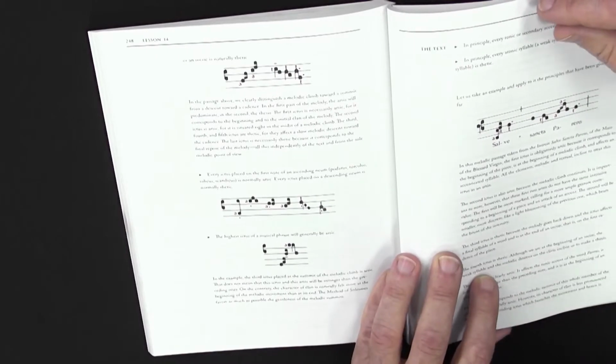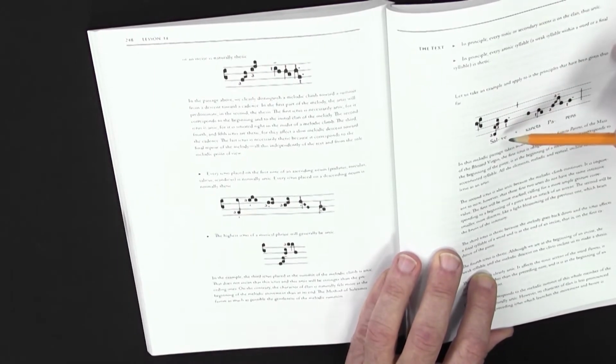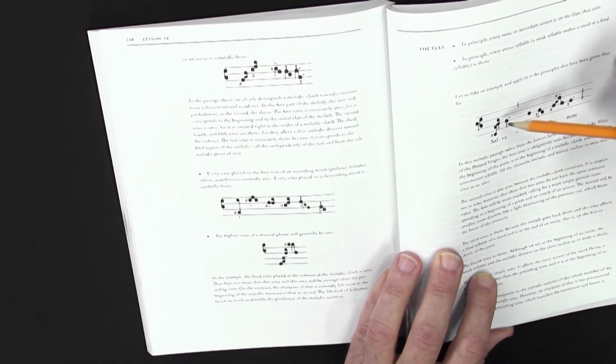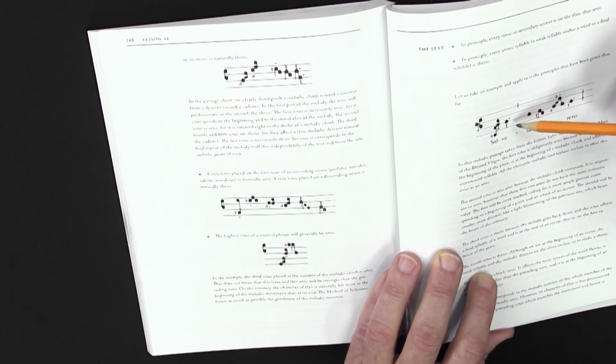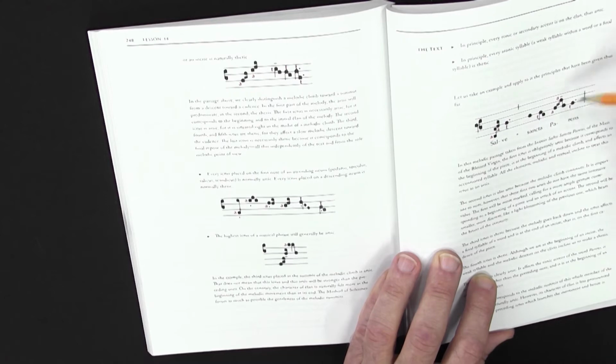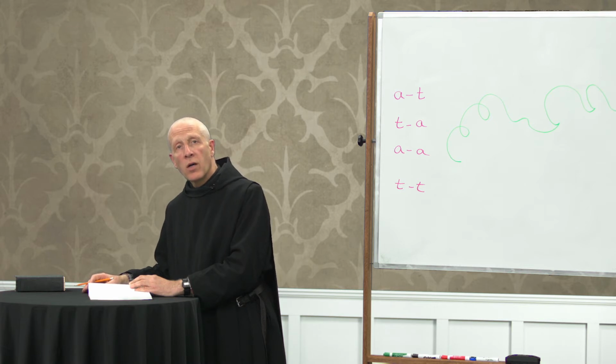So the text runs through an analysis of this phrase here of the introit of Our Lady on Saturday, Salve Sancta Parens. You can read through that. We're going to do another little analysis just to have more experience of different possibilities.